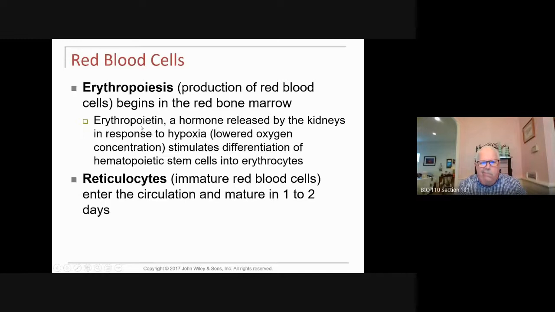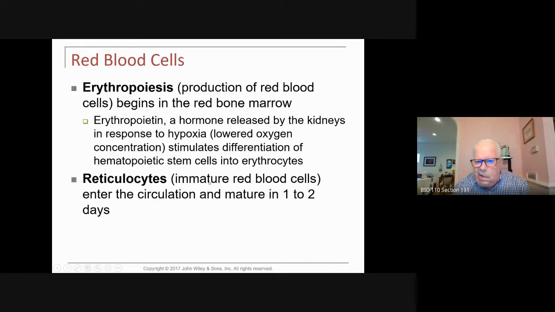It's known as EPO, erythropoietin. And I accept EPO as an answer on your exam if I ask the question. All right? It will make your bone marrow produce red cells. How do we know you're producing more red cells? Well, what you see in the blood smear of a person who is making more red cells because they're hypoxic, you see reticulocytes.